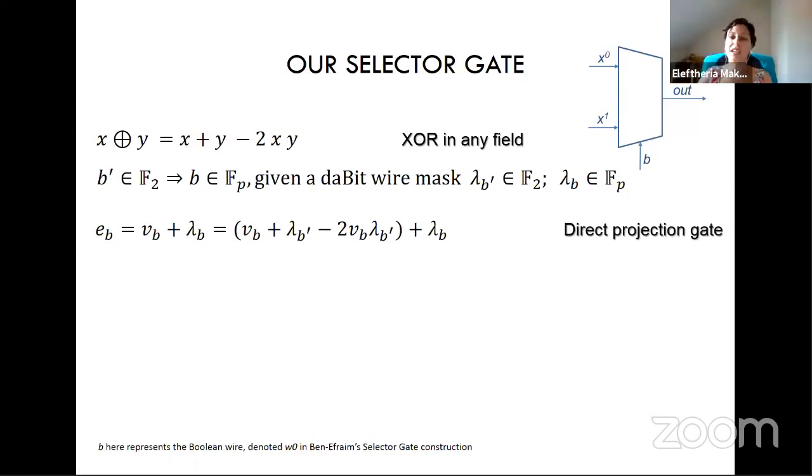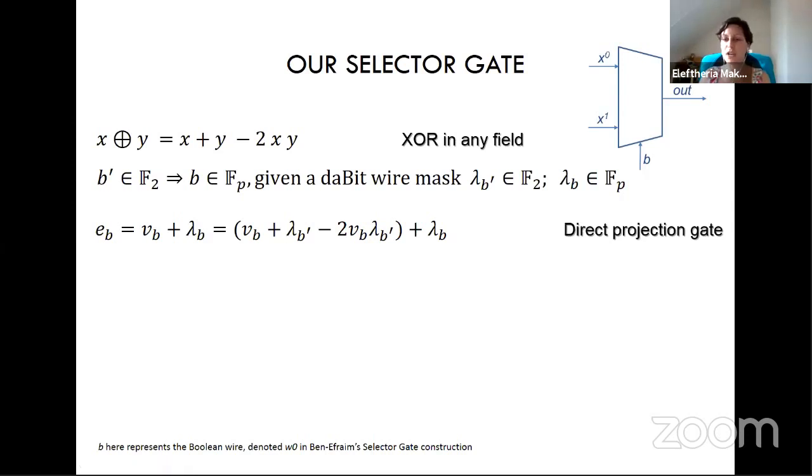Then how do we do this direct projection gate? We exploit the property of the XOR that I showed before, and we simply add the permutation element in FP. And that would be the new projected external value. Why is this useful?